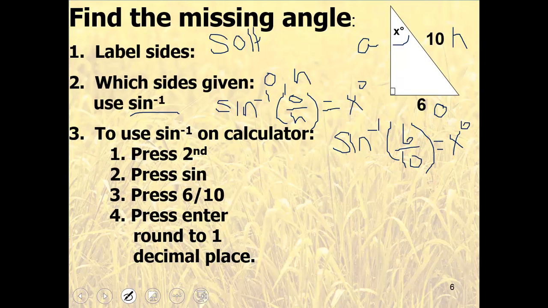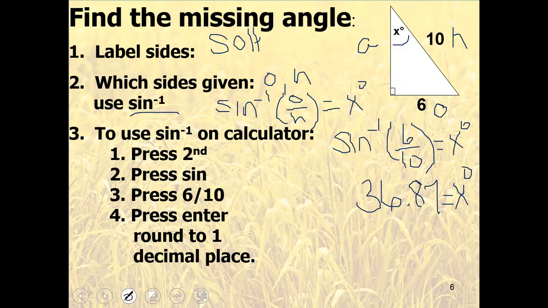Then you're going to plug in your opposite, hit the division key, hit 10, close it off with a parenthesis, and hit enter. Now, what you have is 36.86 or 87.